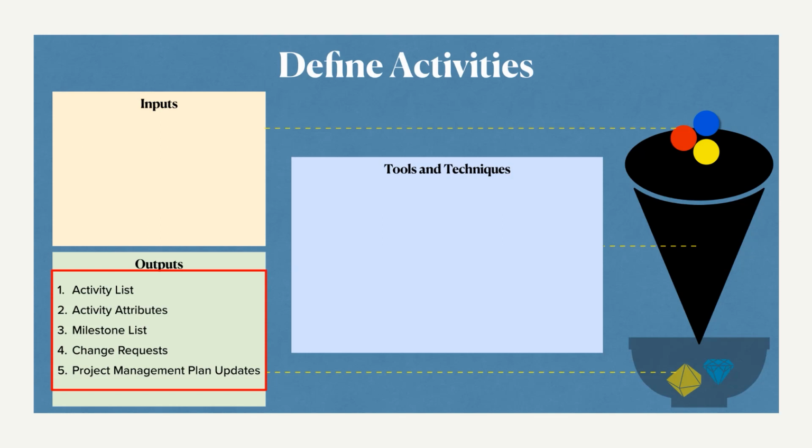Okay. And the next thing is activity attributes. What is this? This is again just a formal identification for better tracking. Whatever activity that we did, we are going to name it. It could be date wise, it could be team wise, whatever the organization calls for. So activity attributes are given at the end of this process, and then the list of milestones.